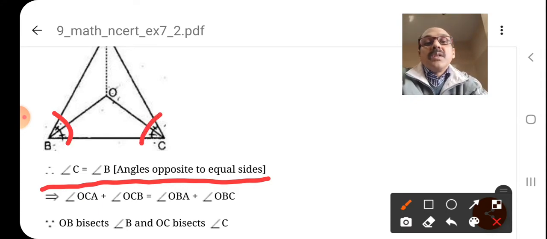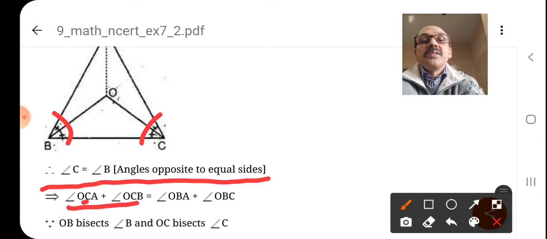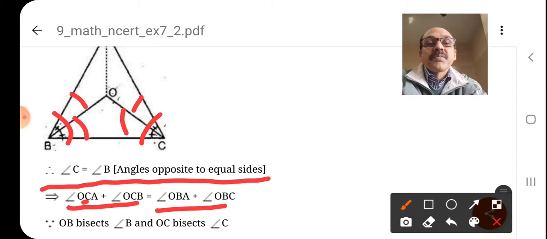Now angle C means OCA plus OCB, because OC is the bisector, and angle B means OBA plus OBC, because OB is the bisector.